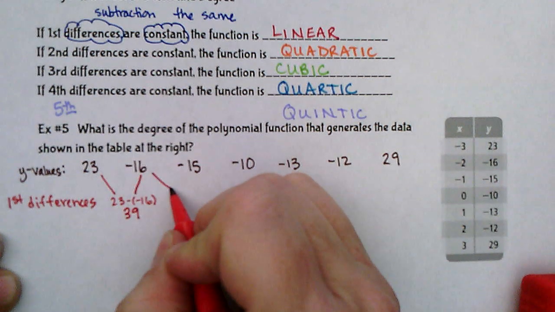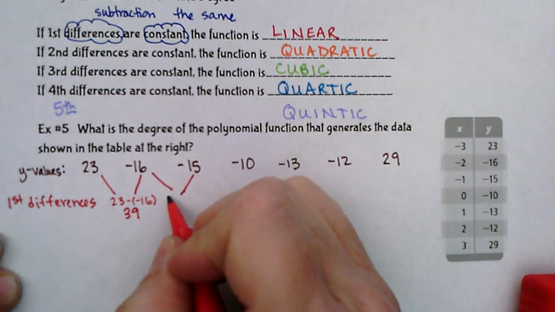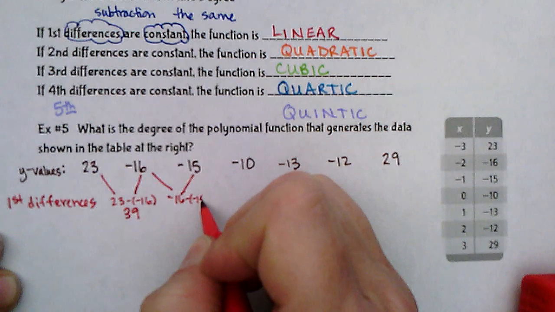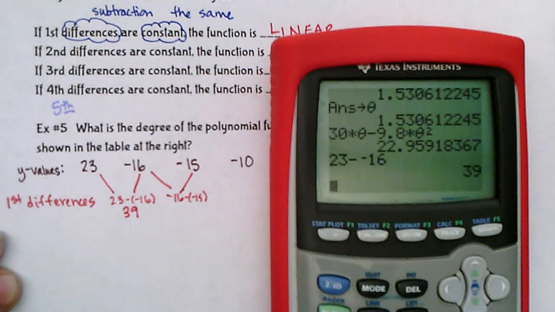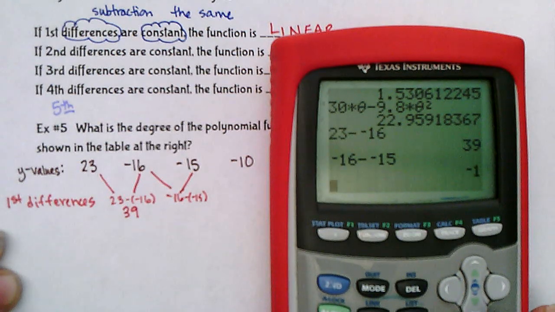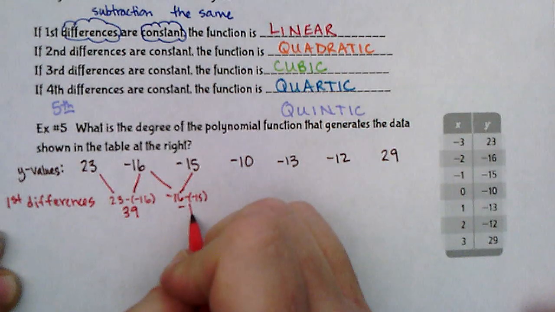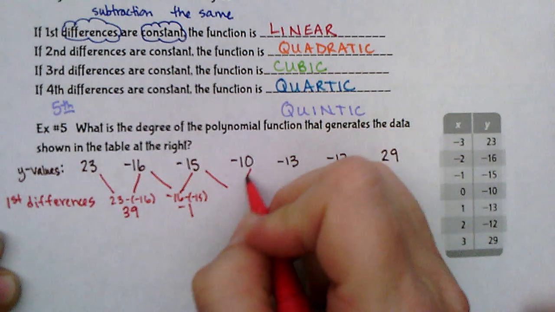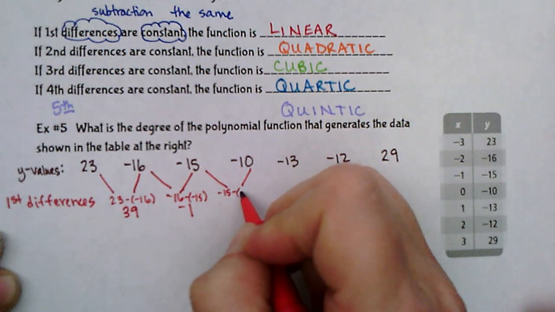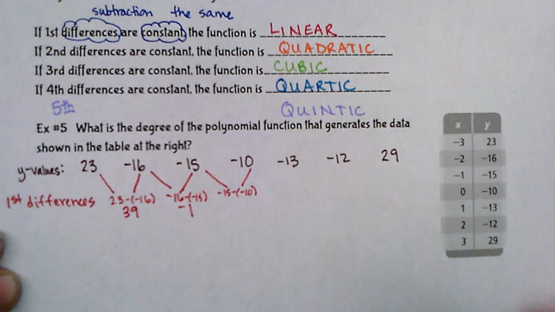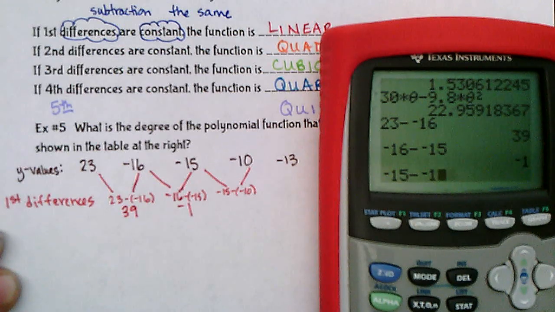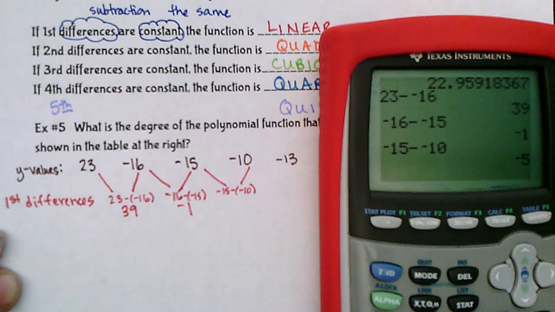And then I go to my next pair, negative 16 minus negative 15, which gives me negative 1. And then the next pair, negative 15 minus negative 10, which is negative 5.